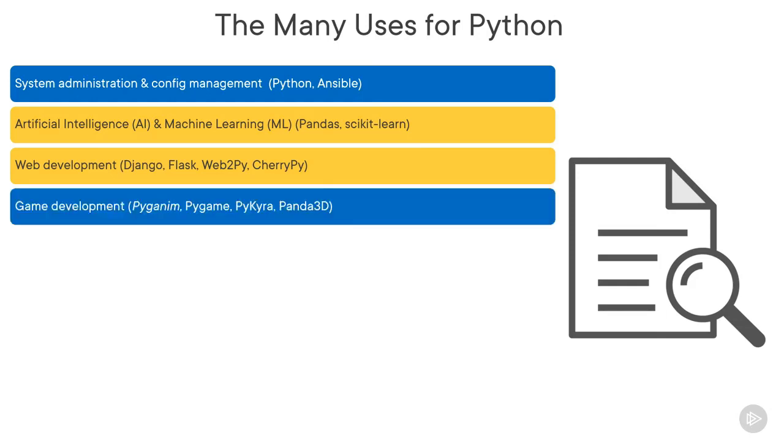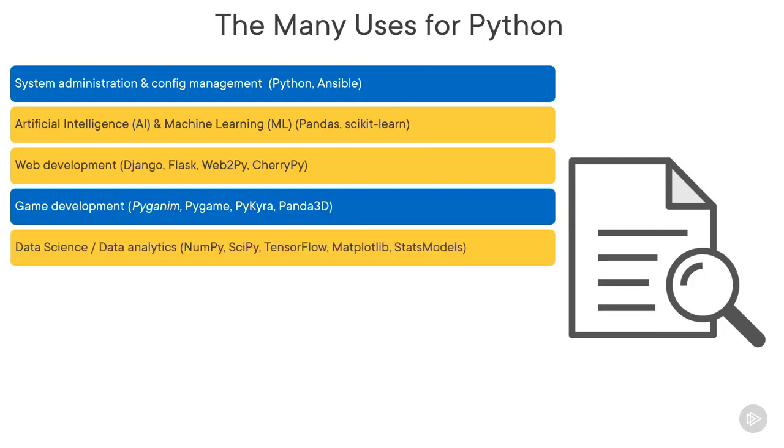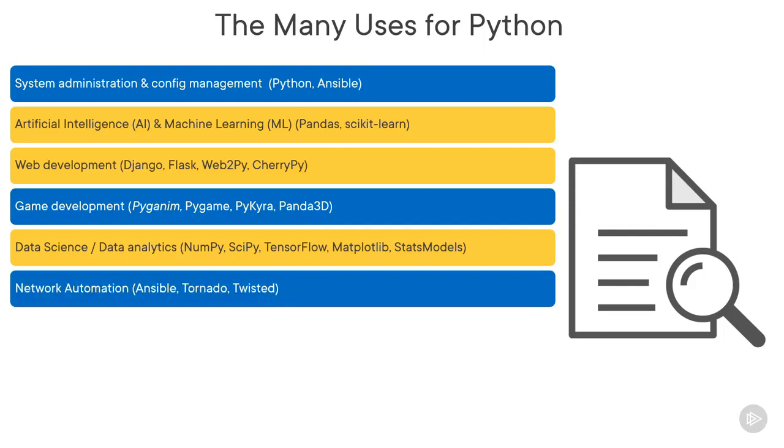Game development. So yes, you can create games with Python. Data science and data analytics are huge areas of use for Python. And there are common modules there that help enable and extend Python for data science and data analytics. And then we have network automation. And again, Ansible's listed there, Tornado, Twisted.